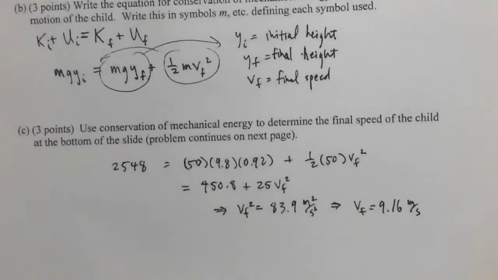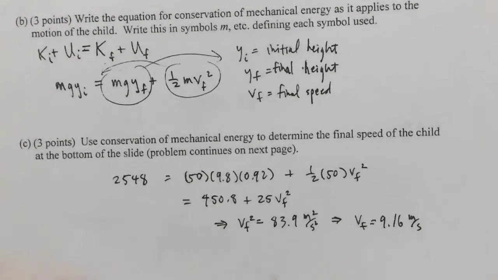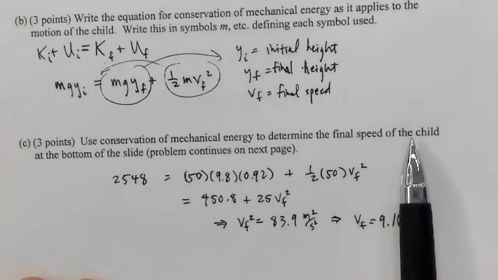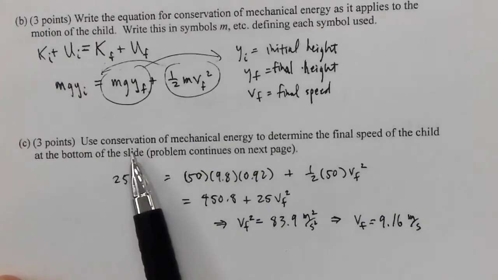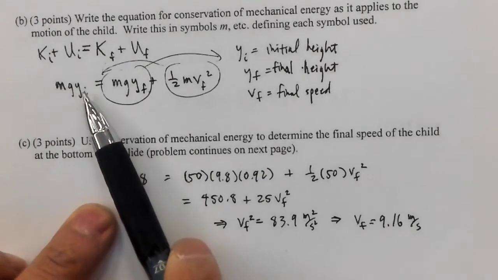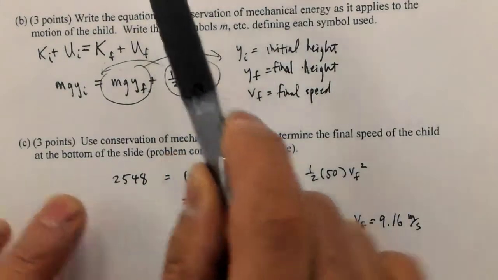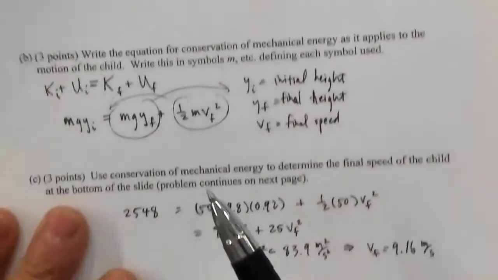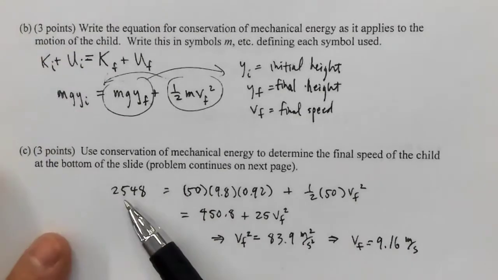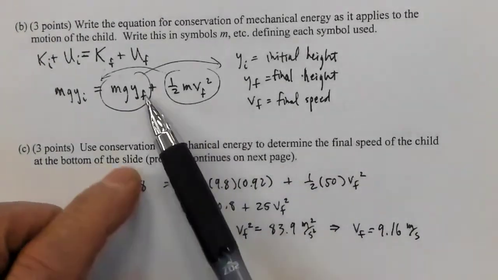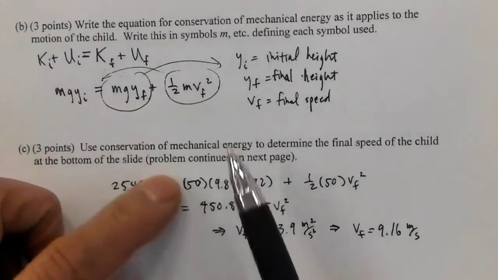Now, they want you to do something with this equation. So use conservation of mechanical energy to determine the final speed of the child at the bottom of the slide. Okay? So now we have m g y initial, which is the value we calculated above, 2,548 joules. Then we have m g y final.